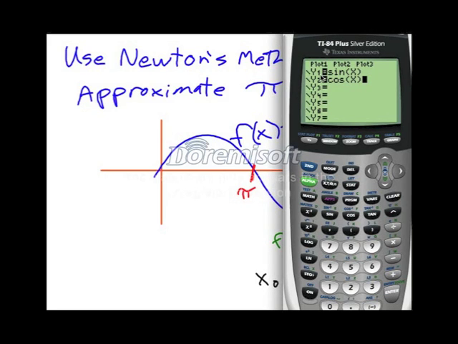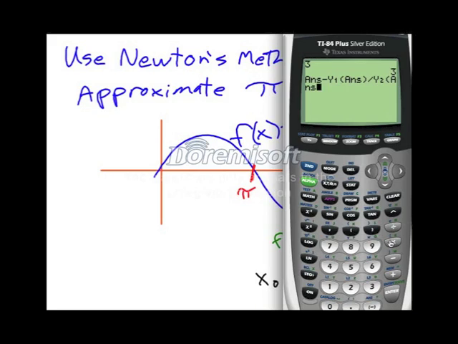On your calculator, y1 should be sine, y2 is cosine. Okay. And then what we need to do is prime this up. I think that pi is close to 3, so I set that 3, enter. And then I need to set up my formula. Remember this formula, so it's going to be the answer minus the function at the answer, so I get that as y1 of the answer, divided by the derivative, which is y2 of the answer.